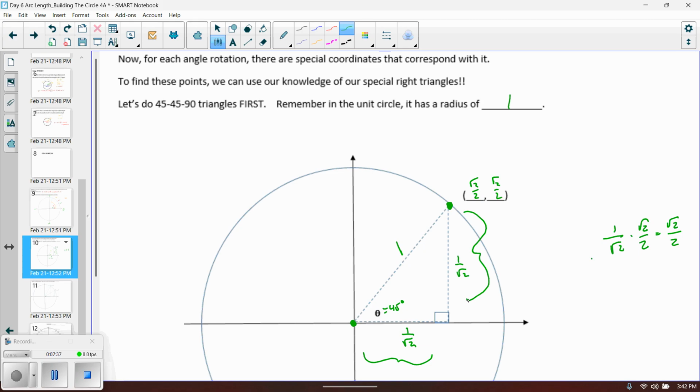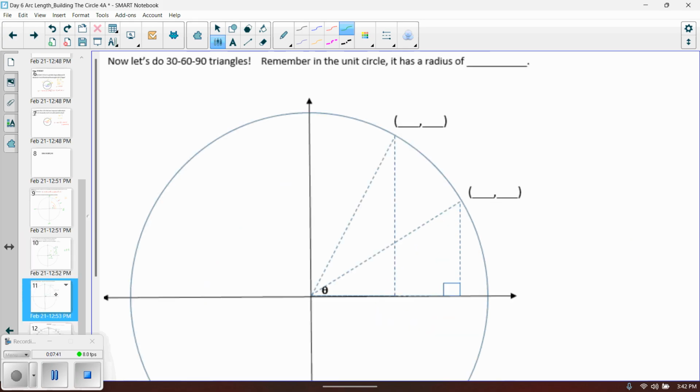On the next one, we're actually going to develop the 30, 60, 90. And you're actually going to do that in 2 different ways. So the first one, this one right here, you should be able to tell just by looking at it, it's a relatively small angle. That's your 30-degree angle, which of course makes that one up there 60. And again, remember what we already have is we already have the hypotenuse.